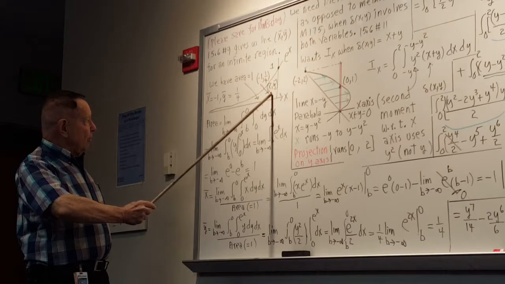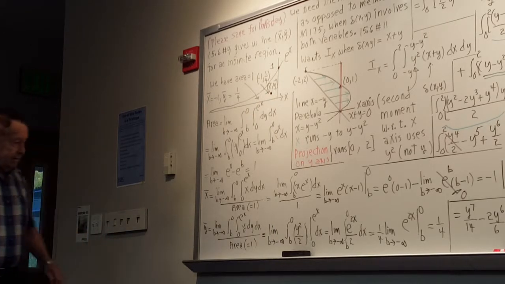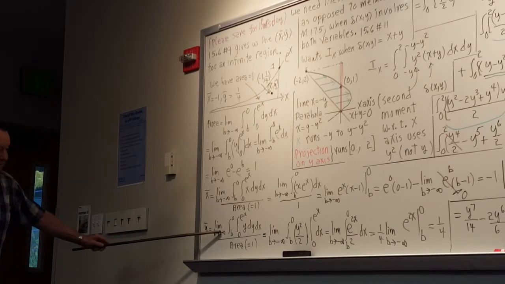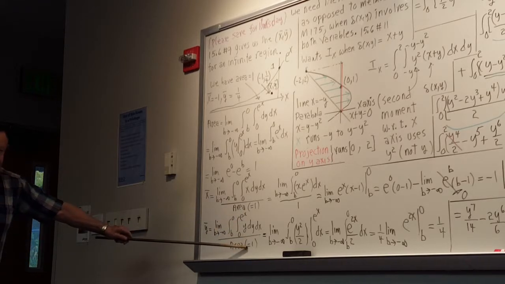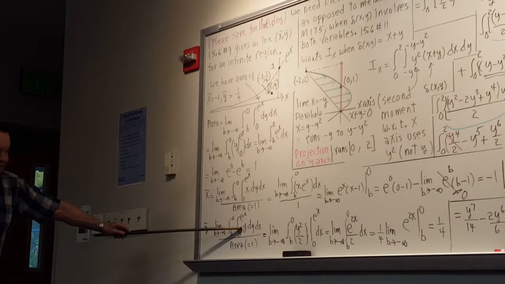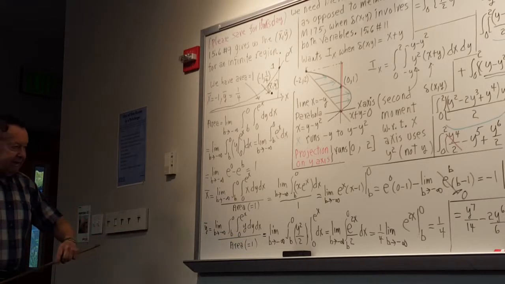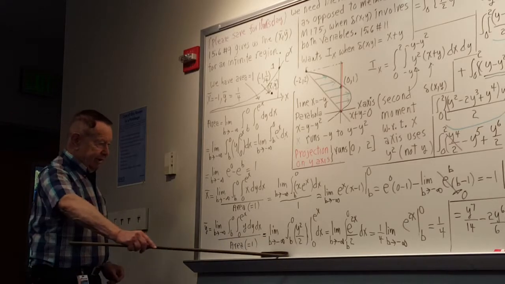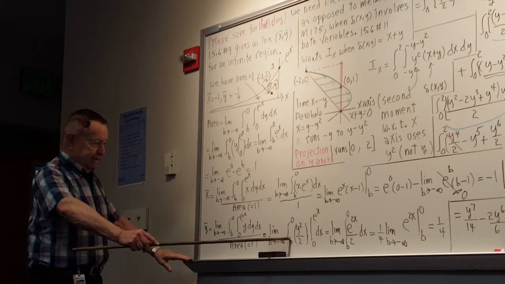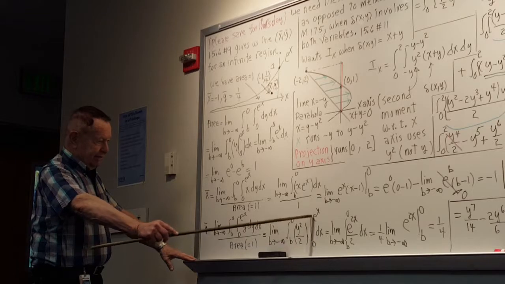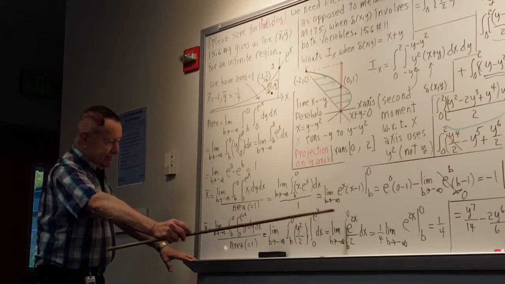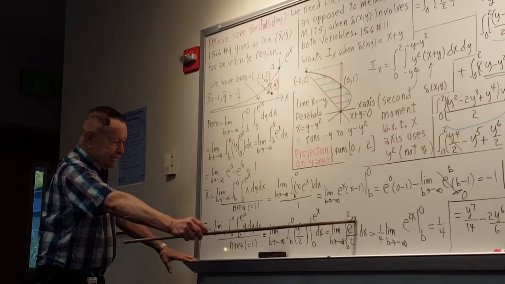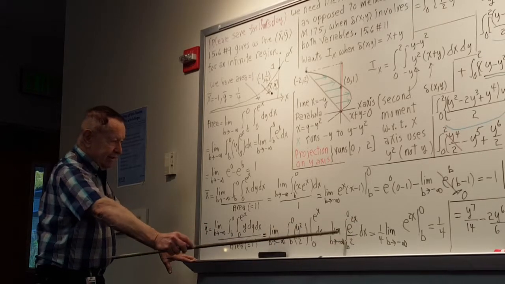And then to get y bar, you do this one. Again, your denominator is the area, which is 1, so it's really just what this integral gives you. So if you do y dy, you have y squared over 2, from 0 to e to the x, so you're going to have e to the x times e to the x, which is e to the 2x over 2.